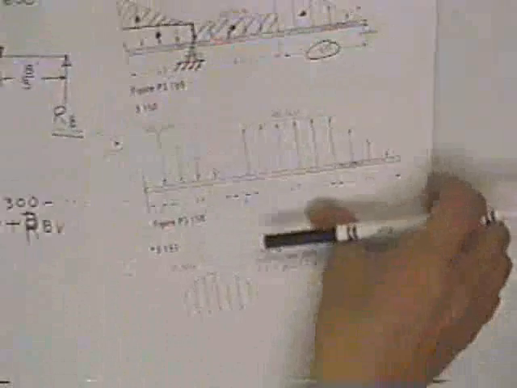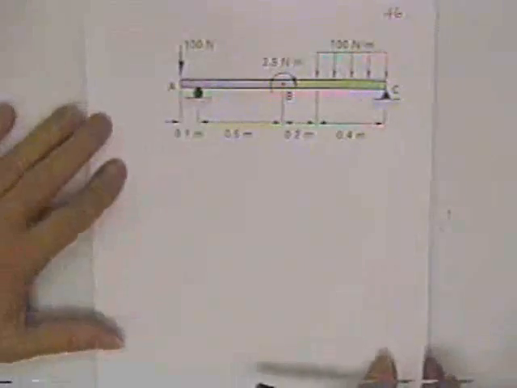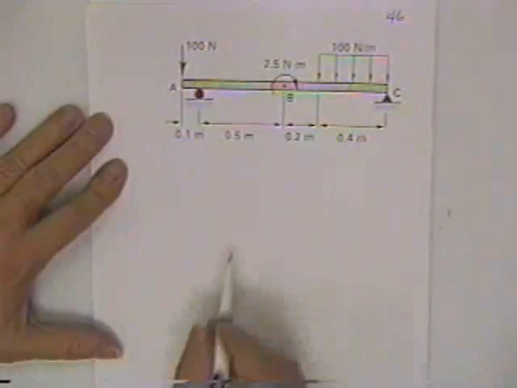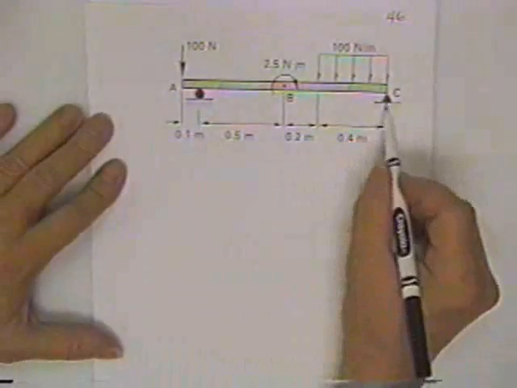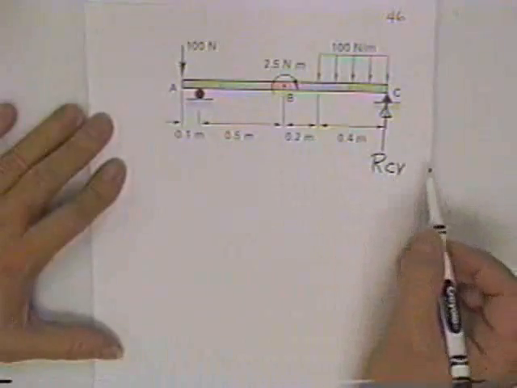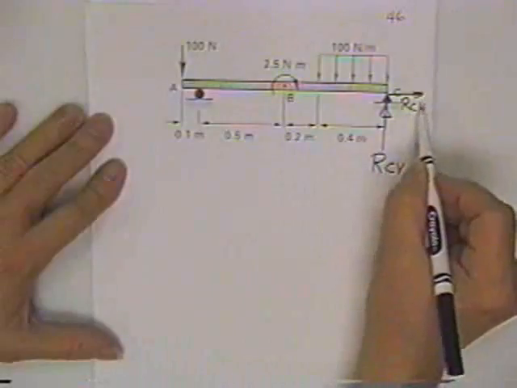Now, sometimes you'll have a concentrated moment on the beam, and that's handled a little differently. I think I'm just going to go ahead and make the free body out of this one itself. That's the reaction at C vertical. That's the potential reaction at C horizontal.